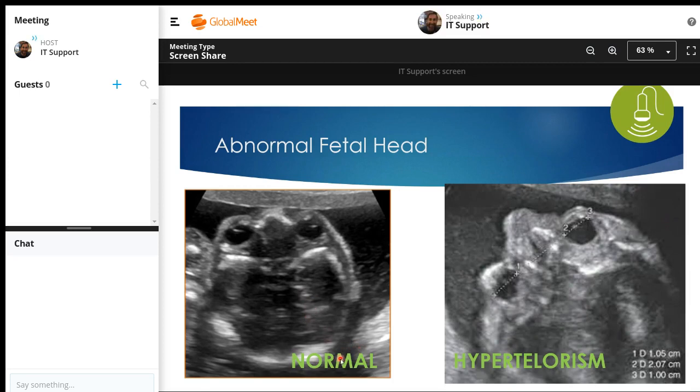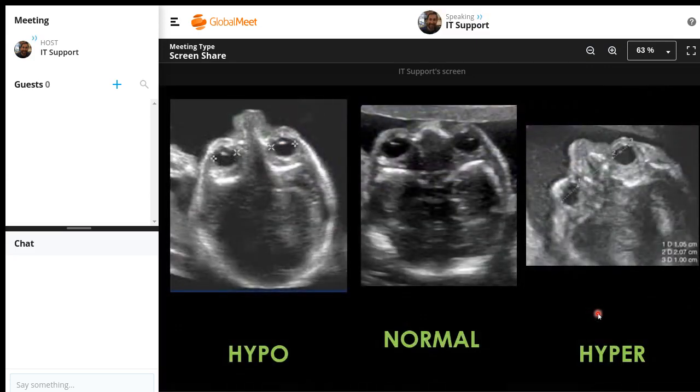So we have our nice normal eyes here, and then hypertelorism, so these eyes are further apart than they should be. The measurement of the interorbital distance is from here, across the nose to here. So we're just comparing hypo, too close, normal, and hyper, too far.